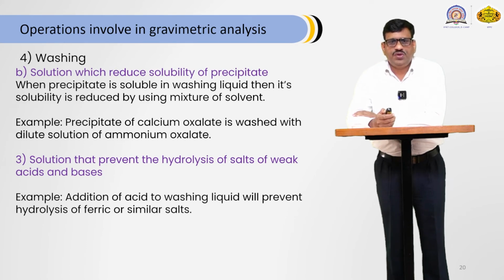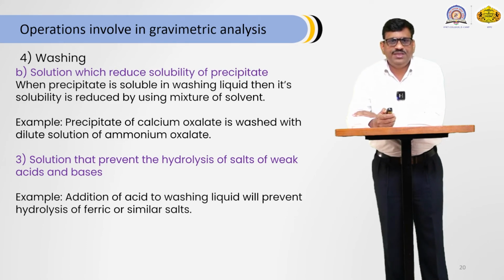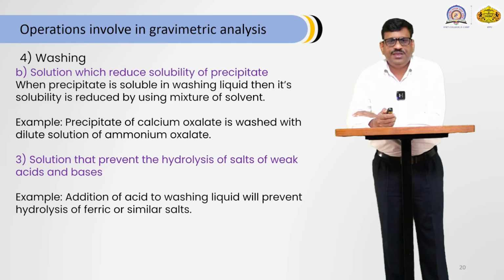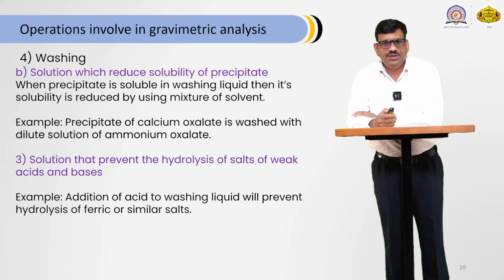Second, a solution which reduces the solubility of the precipitate. When the precipitate is soluble in the washing liquid, its solubility is reduced by using a mixture of solvents. For example, a precipitate of calcium oxalate is washed with a dilute solution of ammonium oxalate. And third, a solution that prevents hydrolysis of the salt of a weak acid and base.